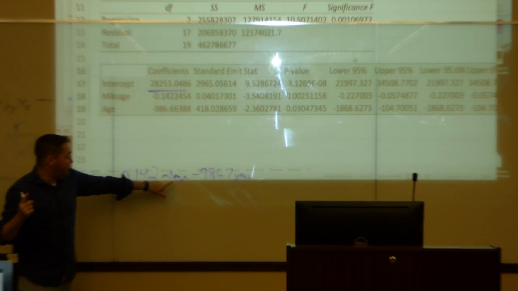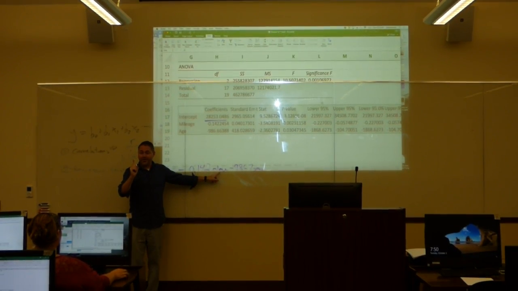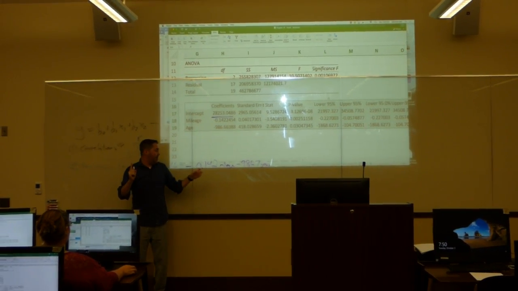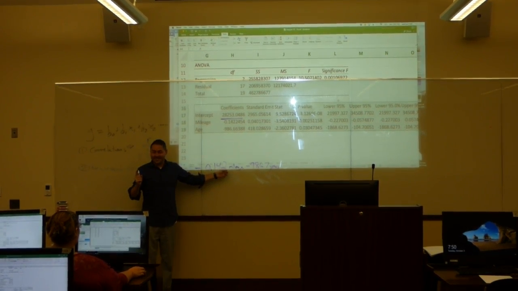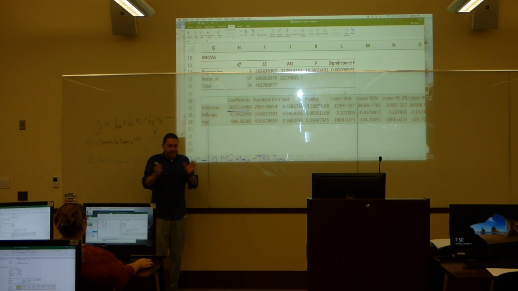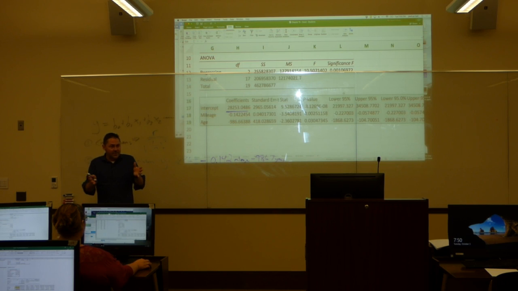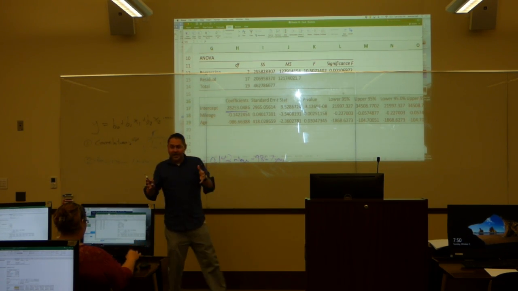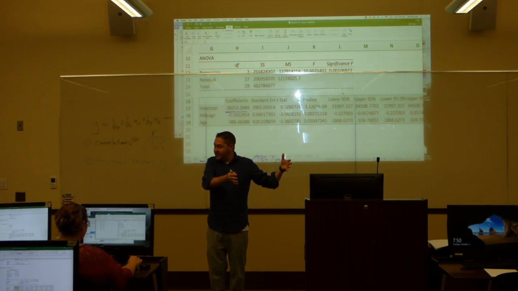Mileage. If I drive 1 mile, the value of my car goes down by 14 cents. Exactly right. That's the marginal impact. 14 cents may seem small, but if I drive to Pennsylvania, I am driving 1,400 miles.